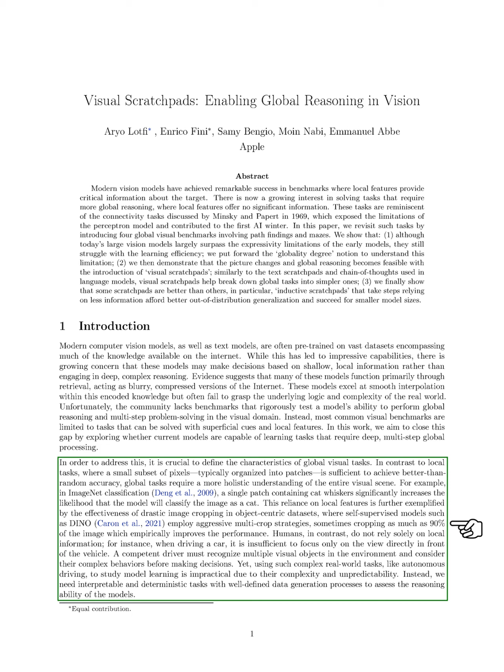For example, a driver must observe multiple objects and their behaviors in the environment, not just the view directly in front of the car. Studying complex real-world tasks like autonomous driving to evaluate model learning is impractical due to their complexity. Instead, we need interpretable tasks with clear data generation processes to assess reasoning abilities.